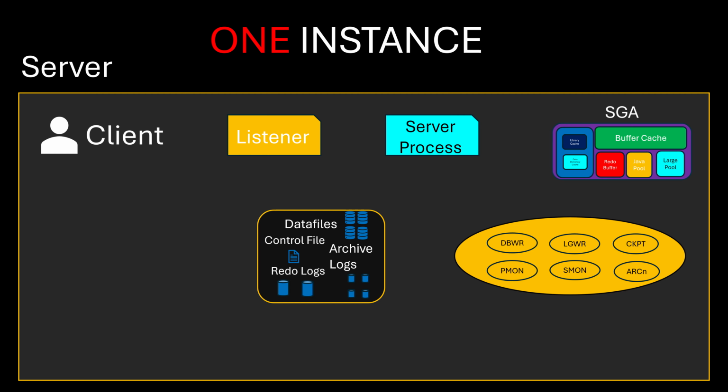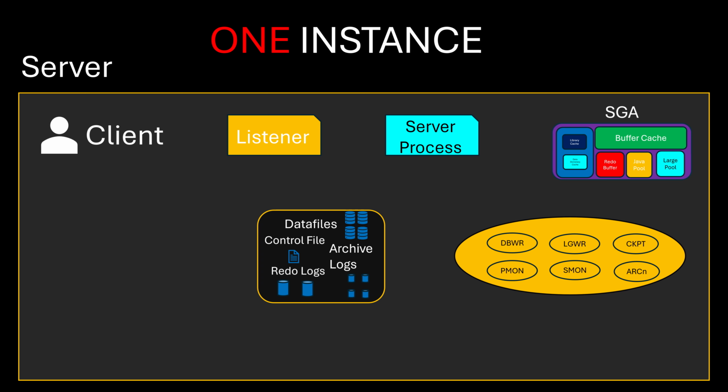Meanwhile, the ARCn archiver process archives completed online redo logs into archive logs, which can later be used for database recovery. Another important thing to understand is that Log writer and DB writer operate independently. Log writer protects redo, DB writer writes dirty blocks. Oracle does not wait for DB writer to complete before protecting transactions.